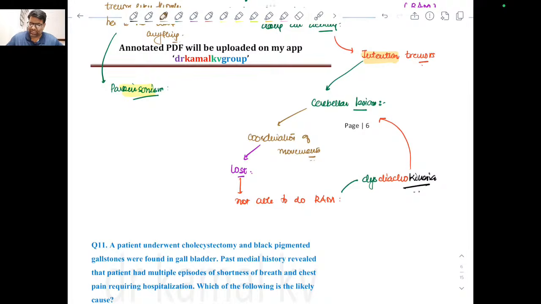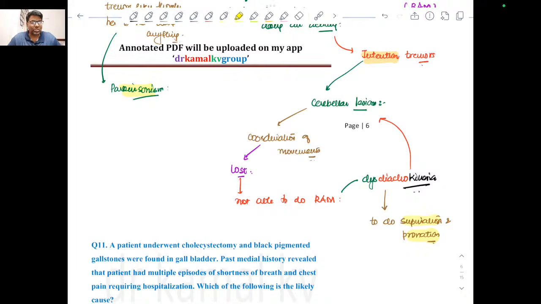And how do we check dysdiadochokinesia? We tell the patient to do quick supination and pronation. That's the easiest way to check. Supination, pronation, like that. Although in this question it is finger nose test, we can also do heel shin test, but classically which we prefer is supination, pronation.